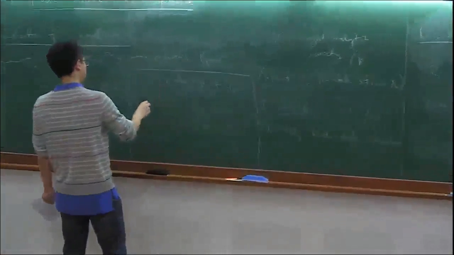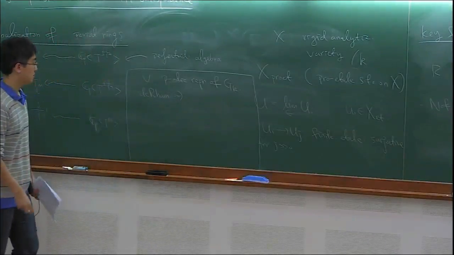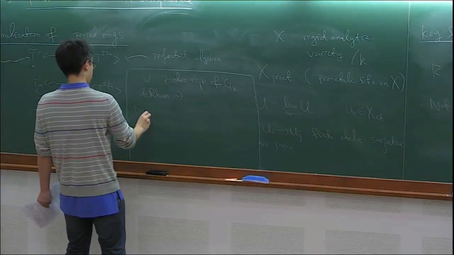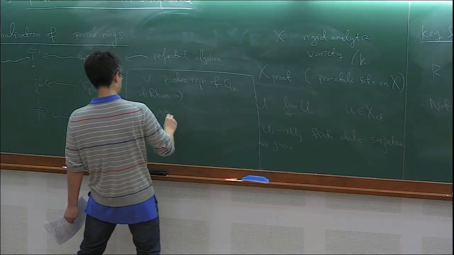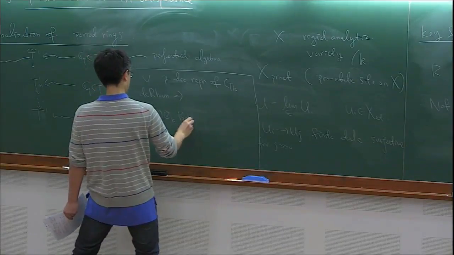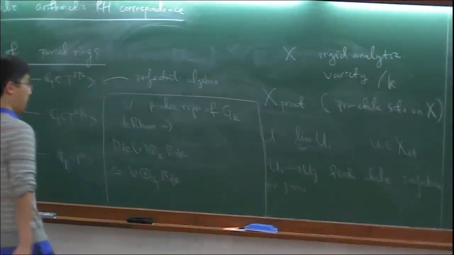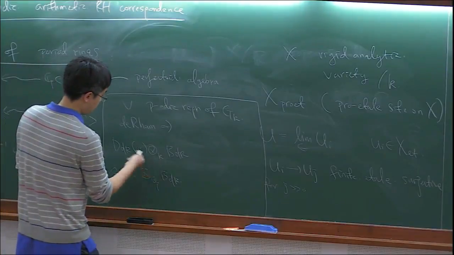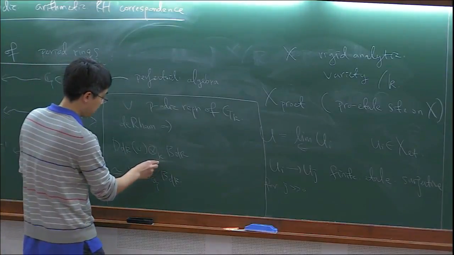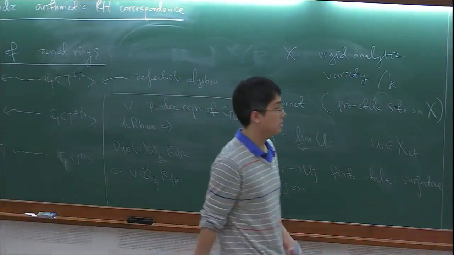If this is de Rham, then we have this isomorphism: DdR(V) tensor over K with BdR is isomorphic to V tensor over Qp with BdR. To have this isomorphism, we implicitly have that K is actually embedded in BdR. As I said earlier, we have Q_p-bar embedded in BdR.